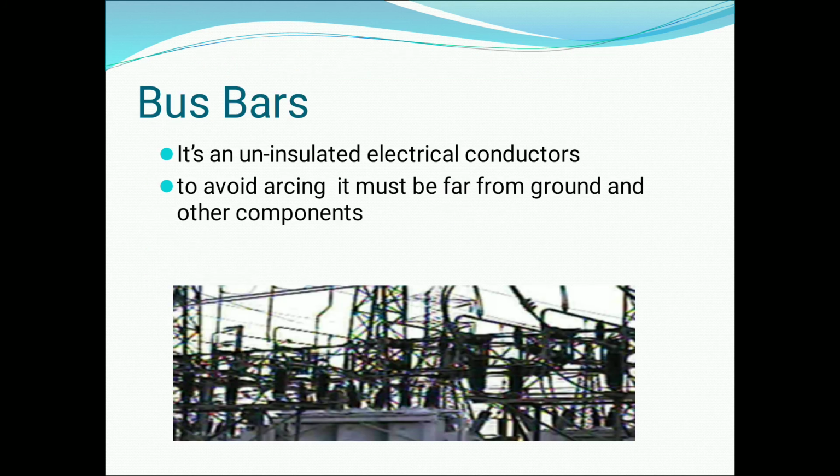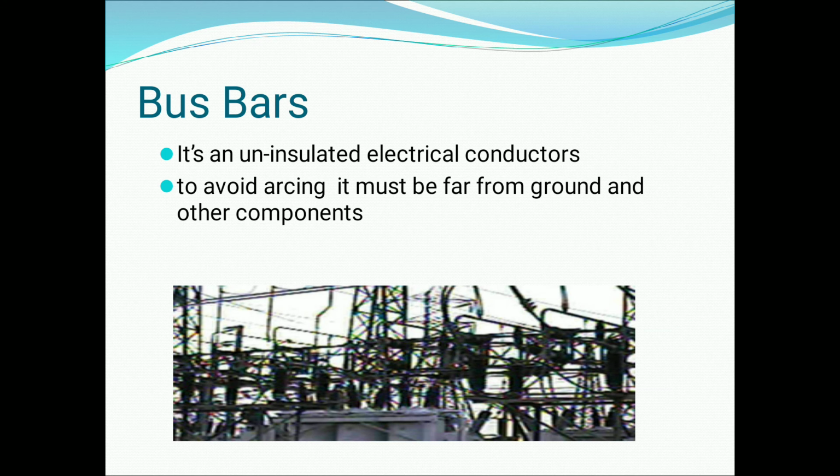This is the bus bar. Bus bar is also an important part of the power plant. It consists of uninsulated electrical conductors. To avoid arcing, it must be kept far from ground and other components. This is all about the bus bar.